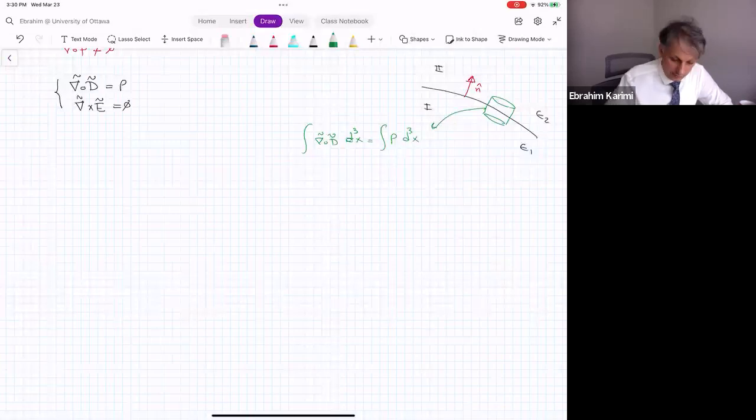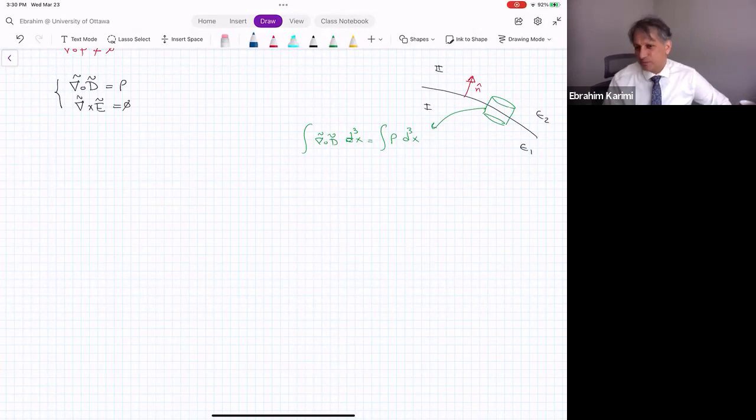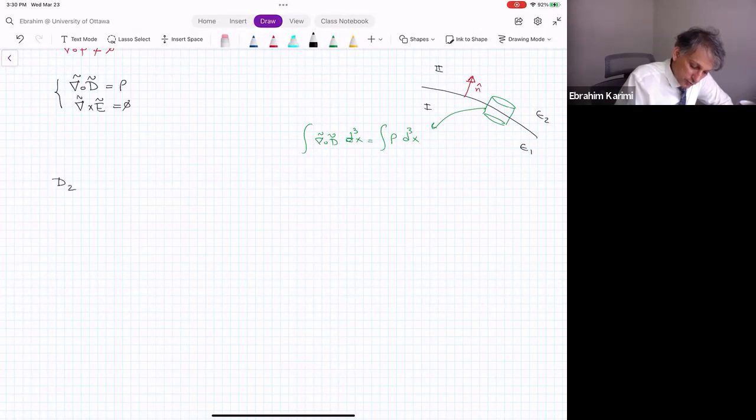If you do the mathematics, which we have done previously, assuming that epsilon 1 and epsilon 2 are not coordinate dependent, because otherwise that would be a little more challenging for us, we will get the following expression. First, let's go with the displacement vector: D2 minus D1 dot n is equal to sigma, or D2n minus D1n is equal to sigma.